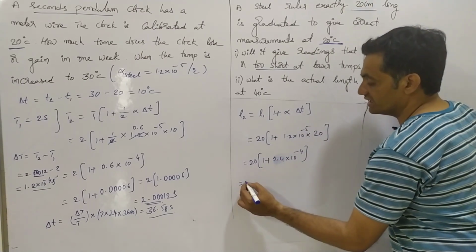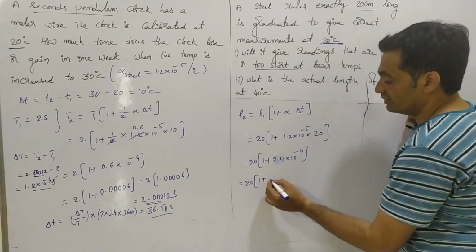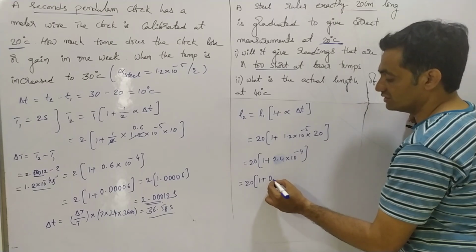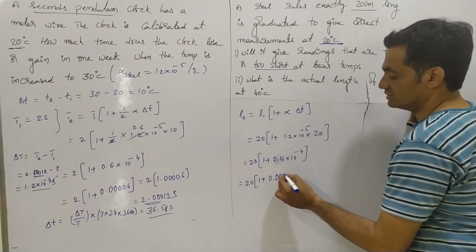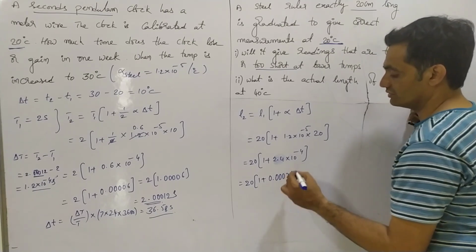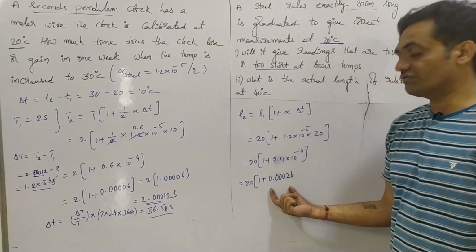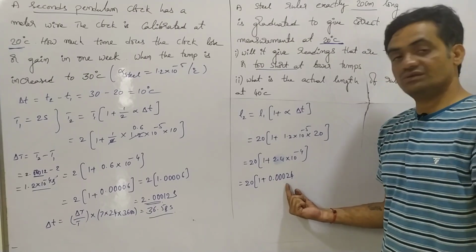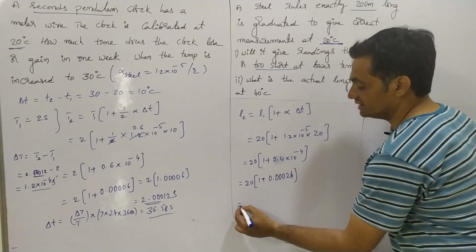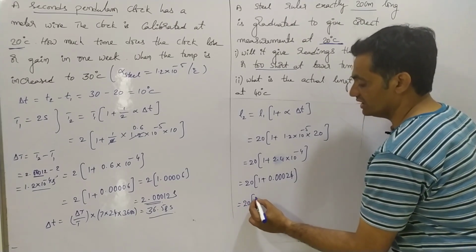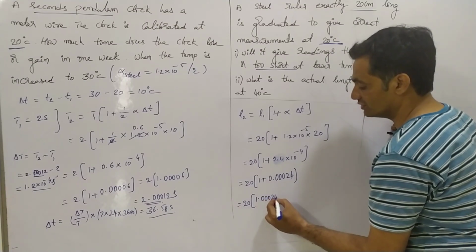Or we can represent the expression as 20 into 1 plus 2.4 into 10 to the power of minus 4, nothing but 0.00024. So here when we add this, the expression can be represented as 20 into 1.00024.